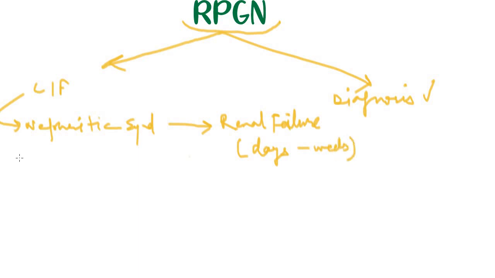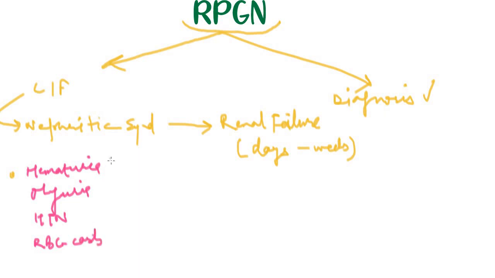Initially the patient will present with the features of nephritic syndrome, like hematuria, oliguria, hypertension, and RBC casts in the urine, and we will think that the patient has nephritic syndrome.